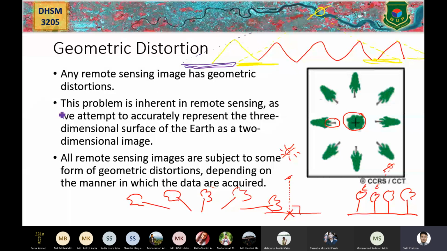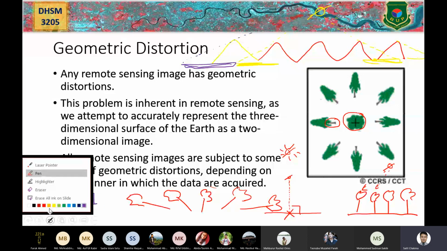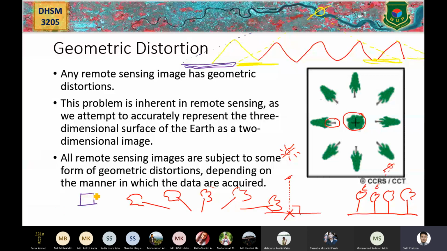Sometimes in OpenStreetMap you will find the building is here, but if you look at the background satellite image, you might find that the building looks something like this. If I draw it here, in the satellite image you will find that the building is like that.